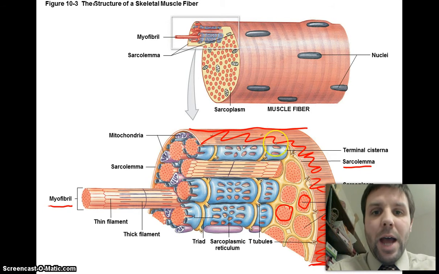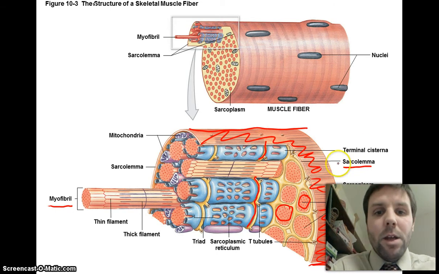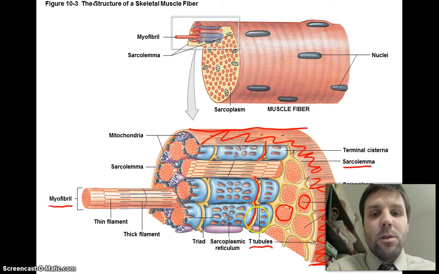Okay. And at various points, we have this yellow structure here, which penetrates and is perpendicular to the direction the fiber is running. That is going to be our T-tubules. Okay. Whatever action potential the sarcolemma has is going to be passed on to the T-tubules, which then is going to pass it to the myofibrils via the terminal cisternae. And you can see our sarcoplasmic reticulum along with the T-tubules on either side.